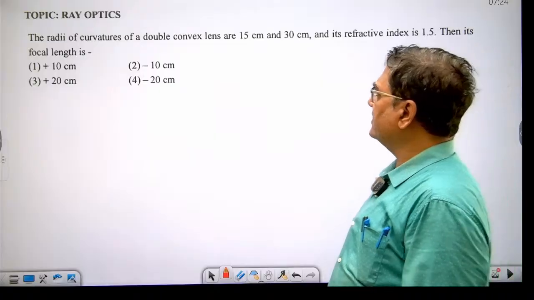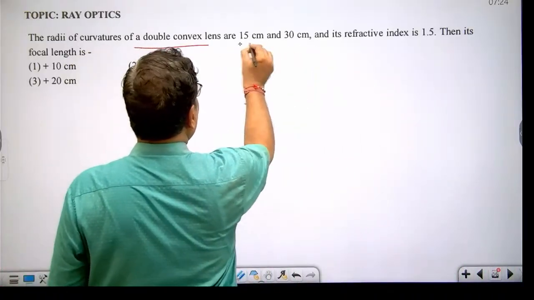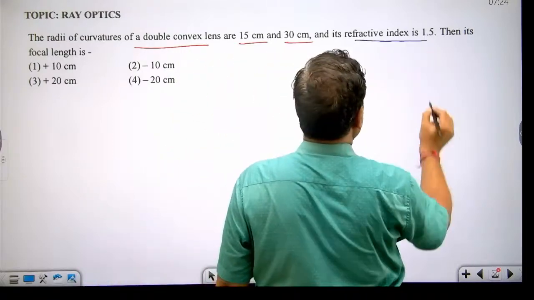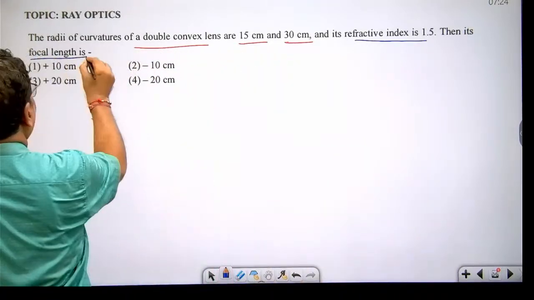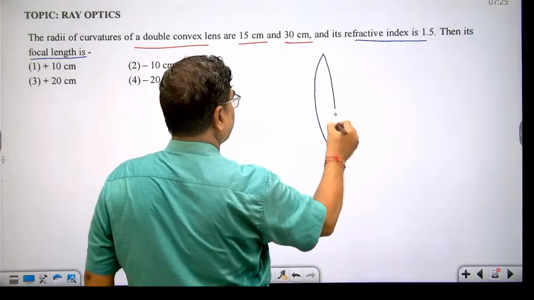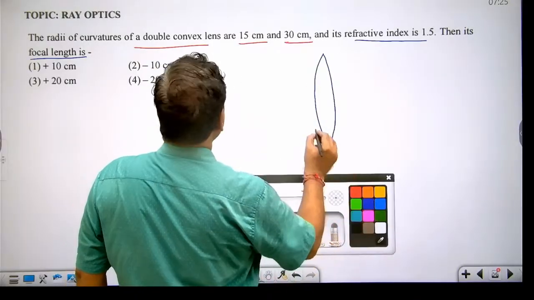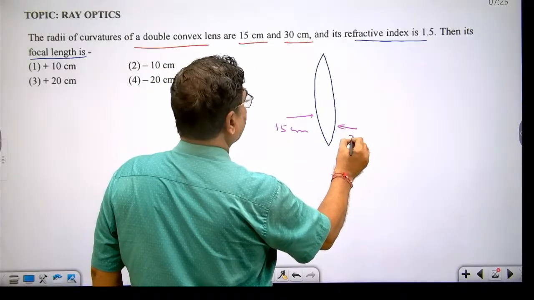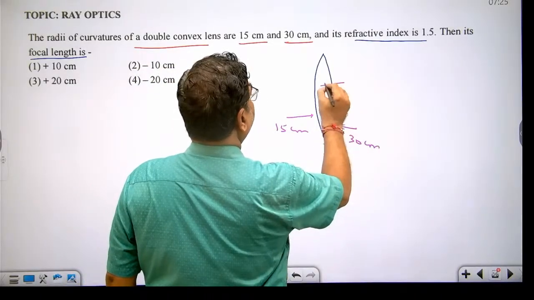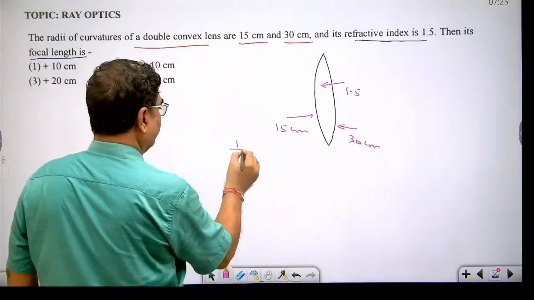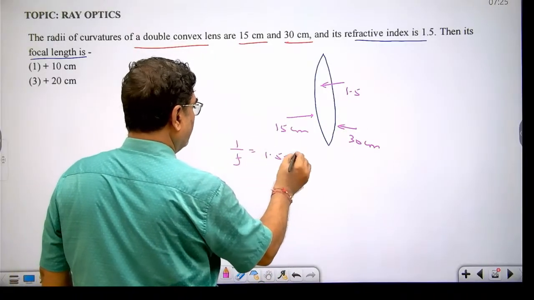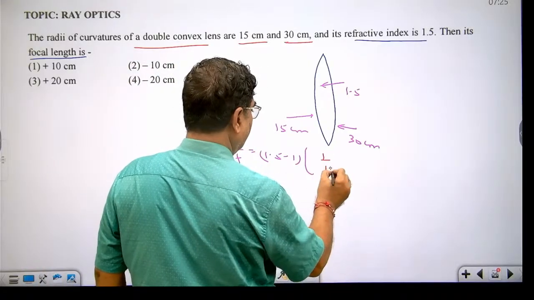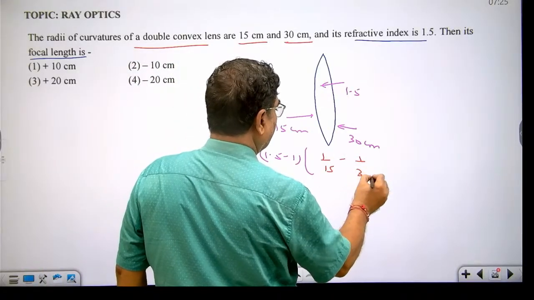The radii of curvature of a double convex lens are 15 centimeter and 30 centimeter, and the refractive index is 1.5. Then its focal length is. Dear student, this is the case where the radius of curvature of this part is 15 centimeter, of this part is 30 centimeter, and the refractive index here is 1.5. So the focal length can be written as 1 upon f equals (mu minus 1) into (1 upon R1, R1 is positive, minus 1 upon R2, R2 is negative).